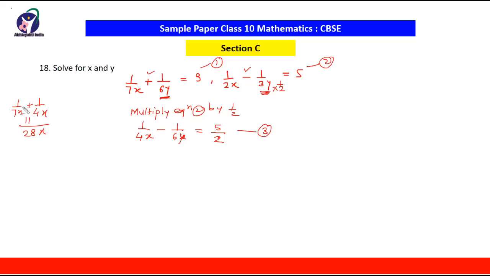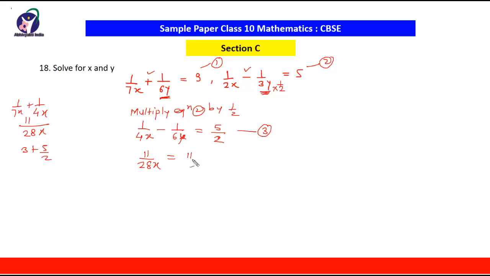So 7 plus 4, that will be equal to 11. So after adding this, you will get 11 by 28x, which is equal to 3 plus 5 by 2, that will be 6 and 5, 11.